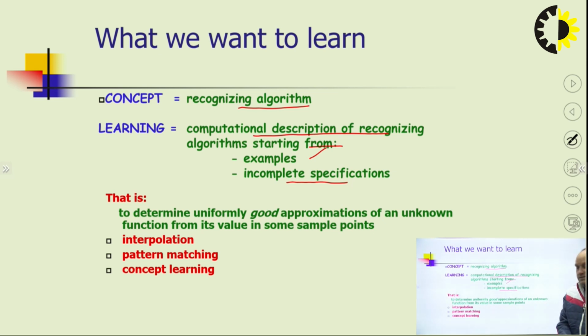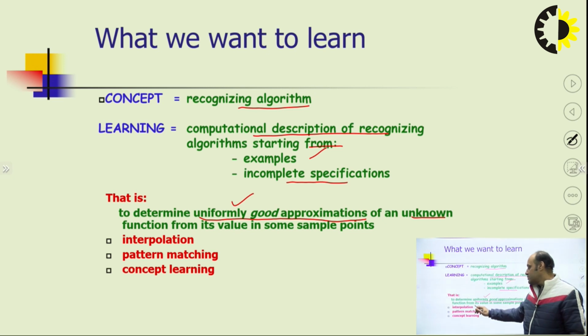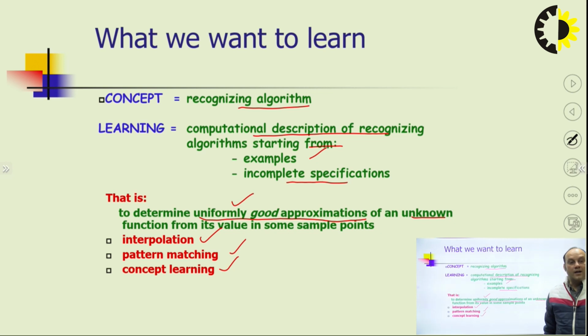That is, to determine a uniformly good approximation of an unknown function from its values at some sample points. We always keep uniformity in mind. So how are we going to determine it? We have several methods here. We can use the interpolation method, we can use pattern matching, and we can also use the concept of learning here.